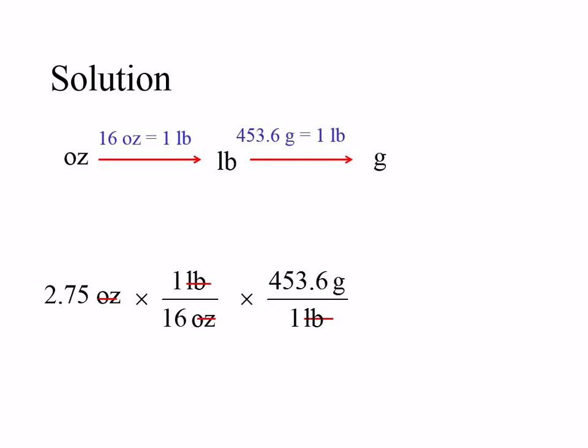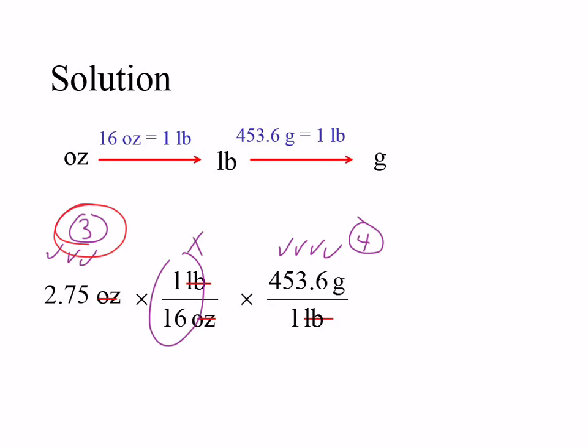So the previous slide, the 453.6, those are uncertain. Yes, you're right. So I'm going to go 4 here. I'm going to go 3 here. Now, is there any uncertainty? No. Okay. And it's always fewest. So that's why it's 3.